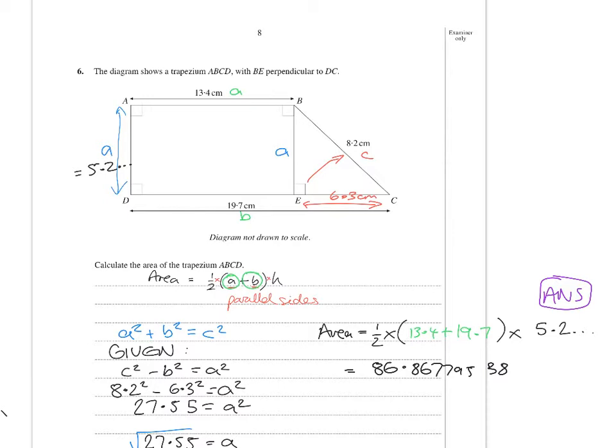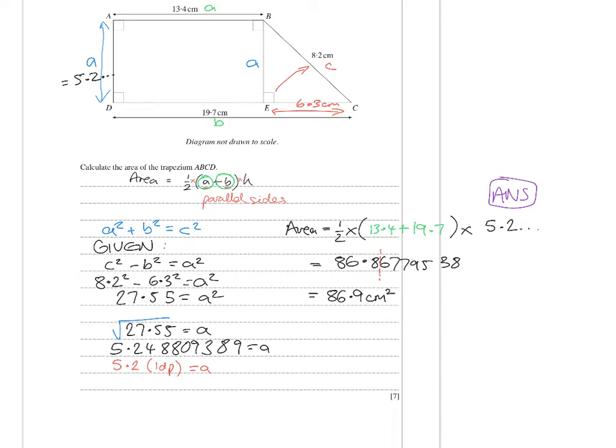Okay, and I would round that, but again, I'd write out the whole number and then I'd round it. Personally, to me, I'd do it to 1 decimal place. So I'm going to round that to 86.9 centimetres squared because it's an area. Okay, but quite a fussy question with lots of crossover between the Pythagoras I had to use and then this formula.